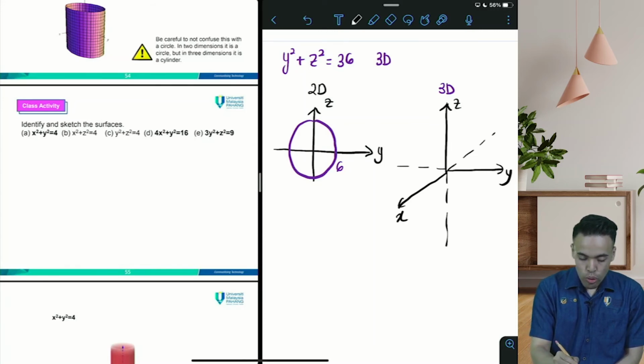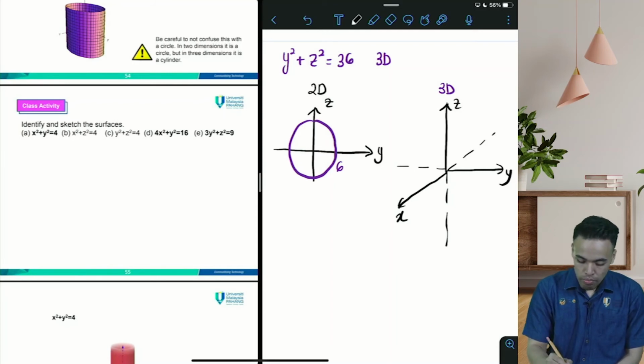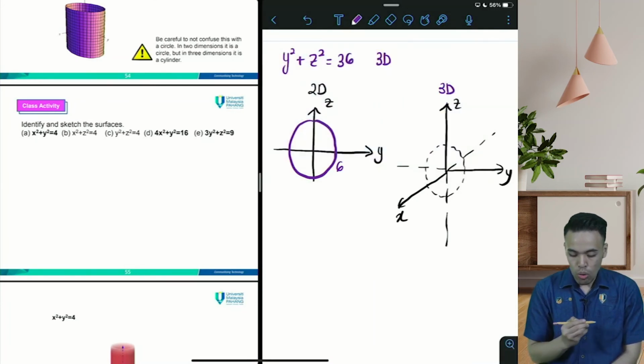Alright, so you sketch the base first, and the base is on the YZ plane. So you have this circle, and according to our understanding, the missing variable in the given expression is variable x.